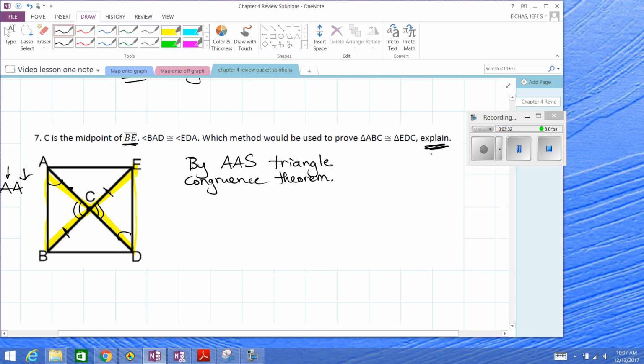Explain. Okay, that means we need some sentences as to why. Let's see. Angle BAD is congruent to angle EDA is given.